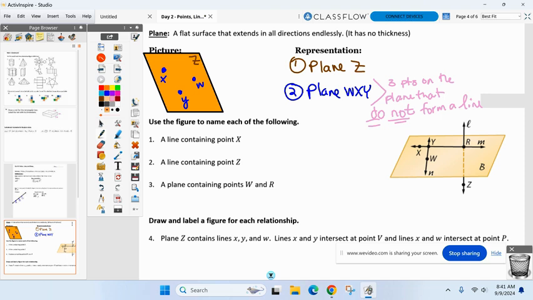It can be X. Yeah. I was thinking the last one.